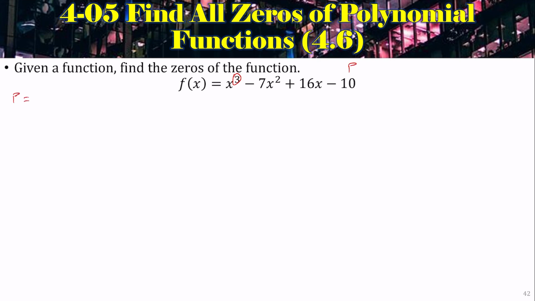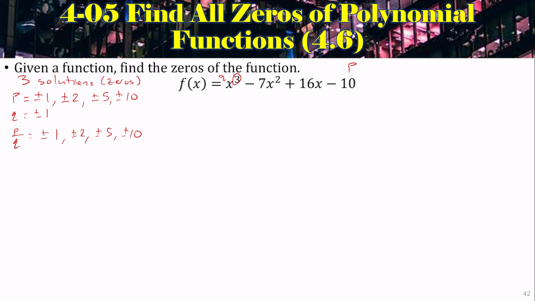P's are factors of 10, so 1 times 10, 2 times 5. Q's are factors of the leading coefficient. So our possible rational zeros would be 1 over 1, 2 over 1, 5 over 1, 10 over 1. 8 choices. And we're looking for 3 solutions, or 3 zeros. And again, a zero is simply the value of x that makes the function equal 0.